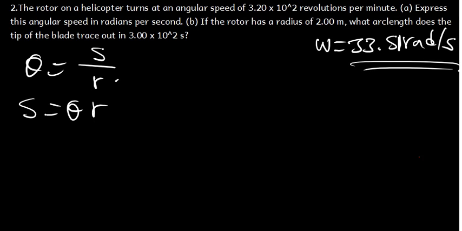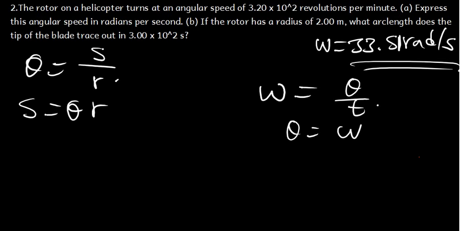Now, to find the angular displacement, we are going to use the formula for angular speed. Angular speed is given by the angular displacement divided by the time. We have the time, and I have the angular speed already.